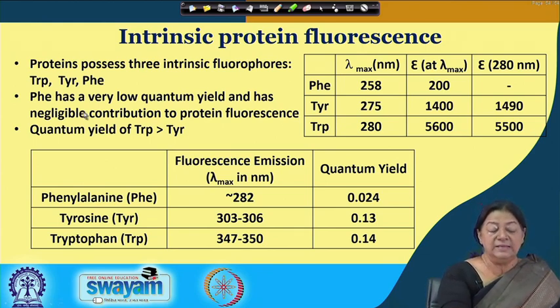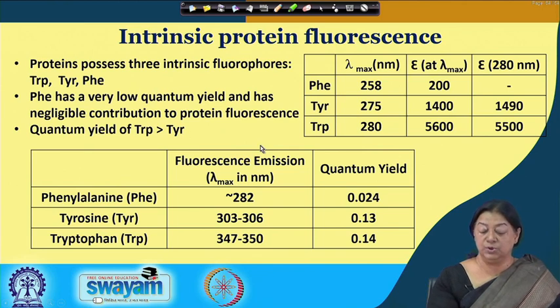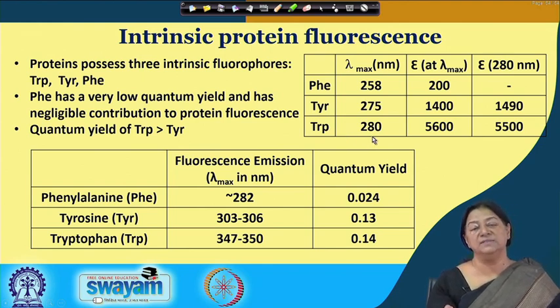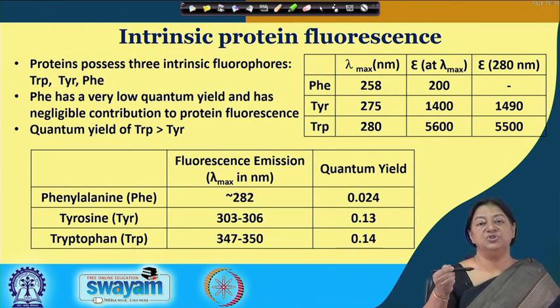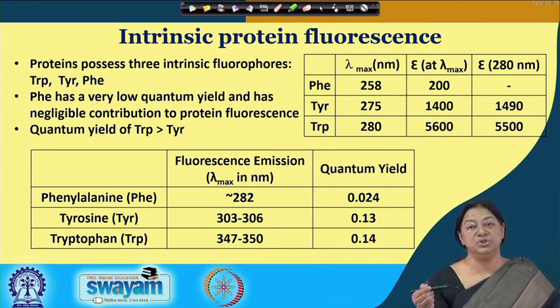Phenylalanine has a very low quantum yield, and has negligible contribution to protein fluorescence, as you can see. The quantum yield of tryptophan is higher than that of tyrosine, and when we look at tryptophan, the lambda max is 280 nanometers. What does this mean? That means if I consider an excitation at 280 nanometers, then I try to monitor the emission, which I know is going to be redshifted.